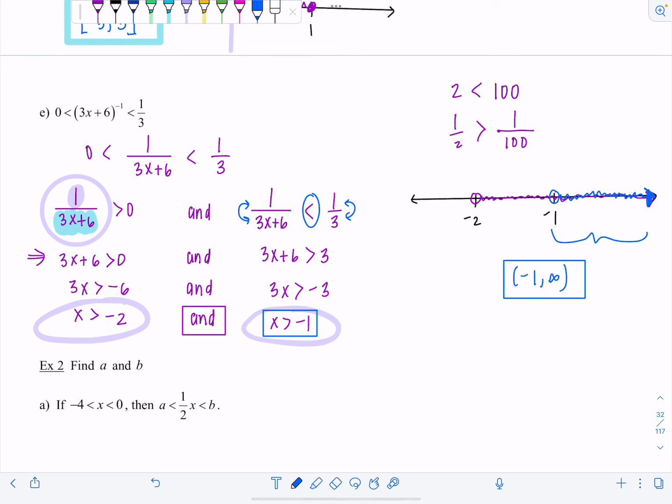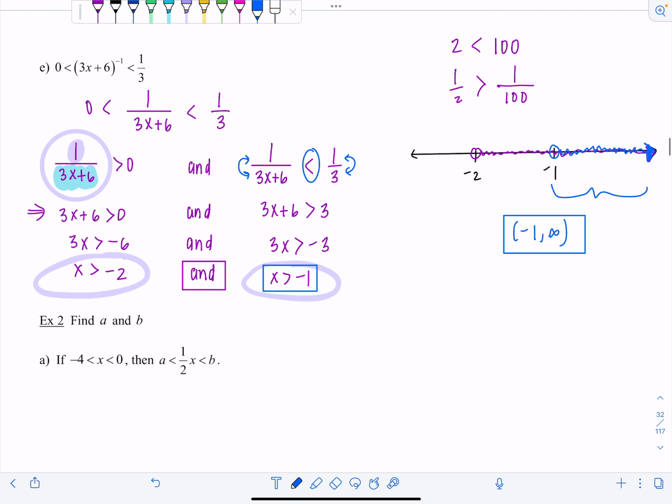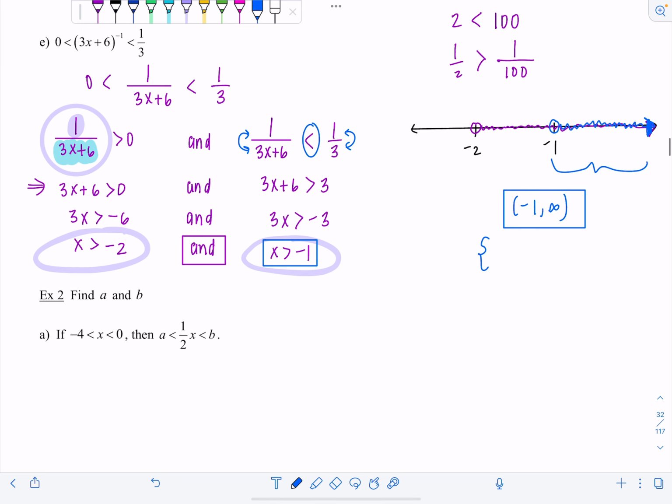And if you were to write your answer in set builder notation, you don't need to put both intervals, because if you say x greater than -1, you're already taking care of the other scenario. And you can't have these values in here. Those are not included in the solution because they don't satisfy the second inequality, x greater than -1. So your final answer is right here. Okay, I know that one was tricky.